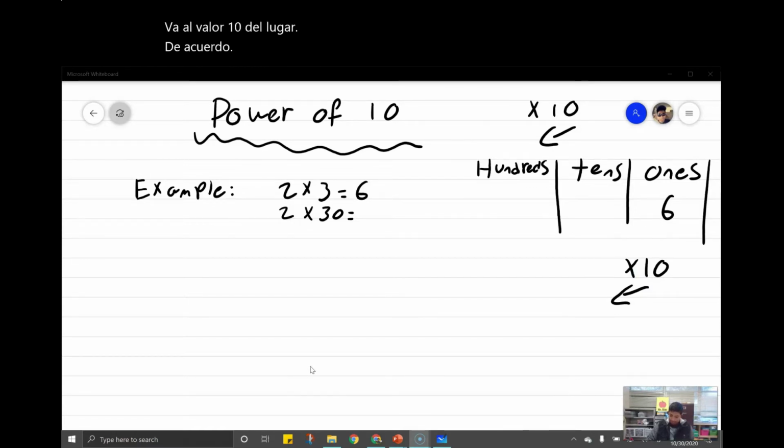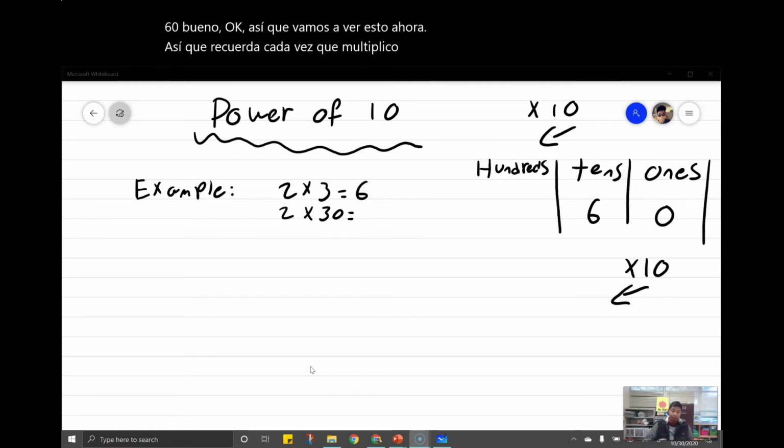So now I'm gonna move that 6. Okay, I move that 6, and I add a 0 right here in the ones place. So 6 turns into what? 60. Good. Okay. So let's look at this now. So remember, anytime I multiply times 10, I move the digit to the left side by 1 place value, okay?